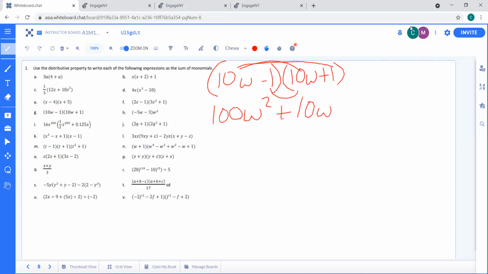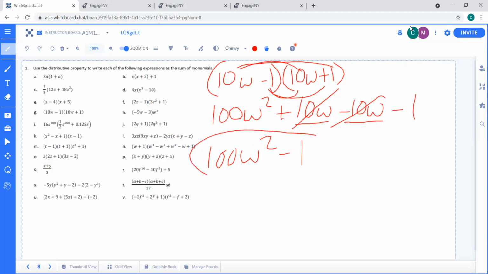If we do the inner, that's going to be minus 10W. If we do the last, that's minus 1. Well, what's 10W minus 10W? 0. Those cancel and just leave you with 100W squared minus 1. And this is what we call the difference of two squares, because 1 times 1 is 1, right? So that's a square.